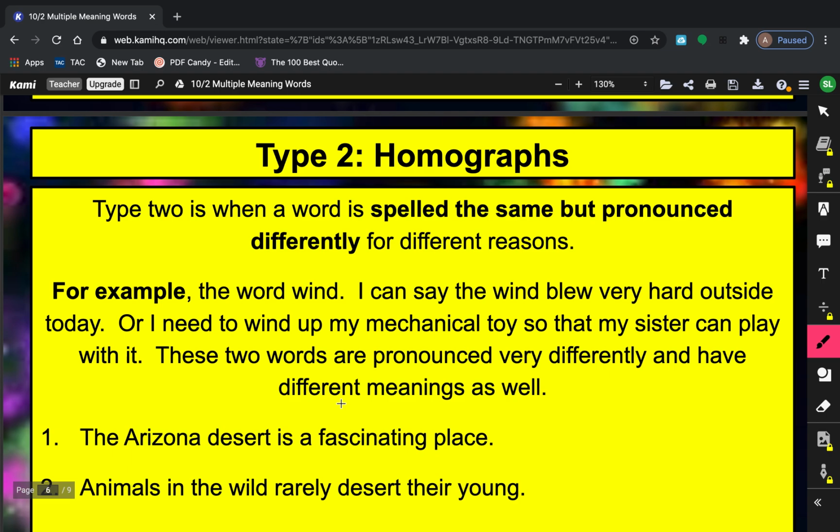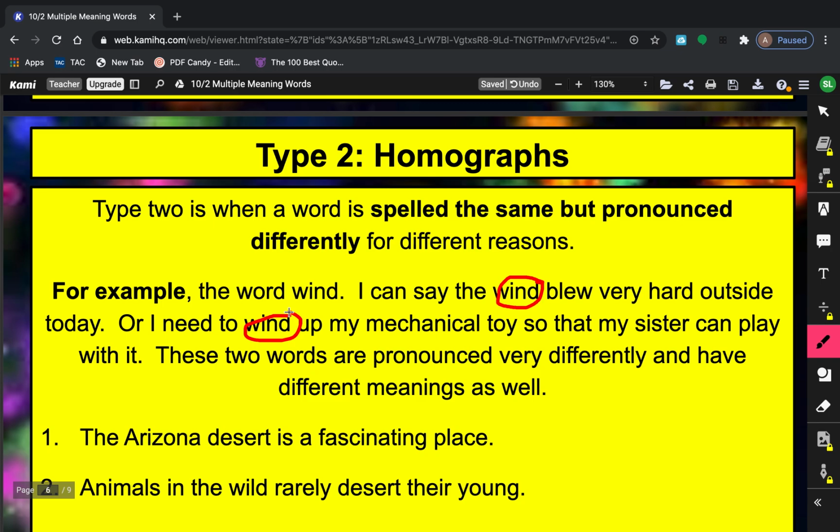For example, the word wind. I can say the wind blew very hard outside today, or I need to wind up my mechanical toy so that my sister can play with it. These two words are pronounced very differently and have different meanings as well.